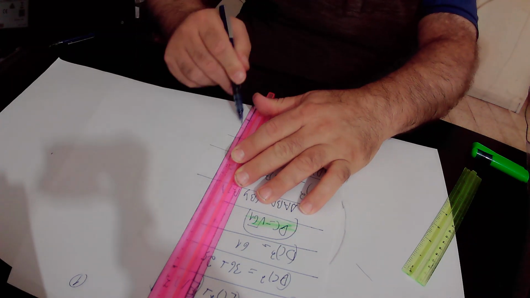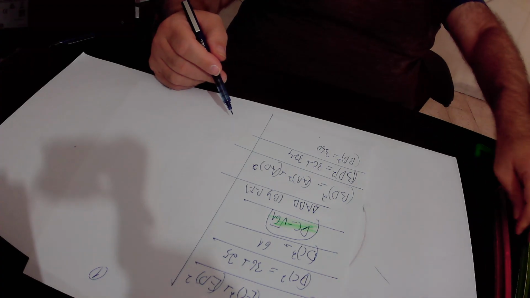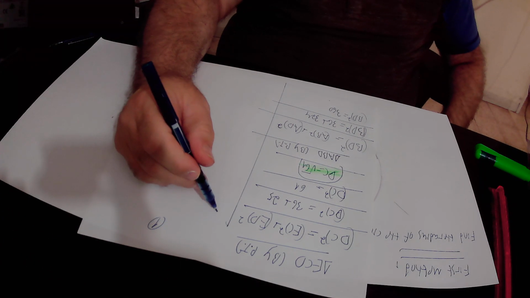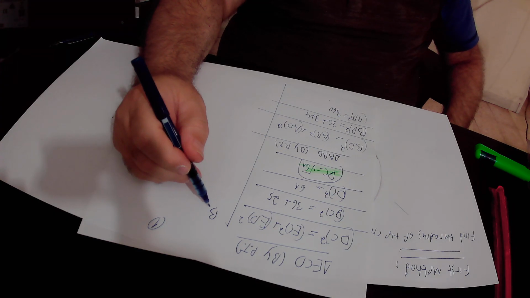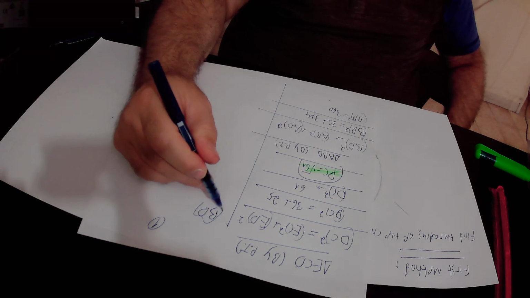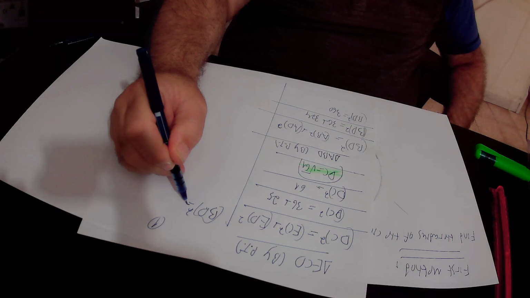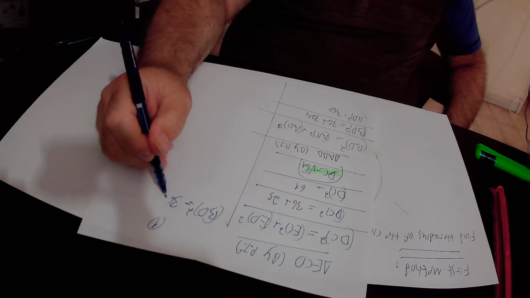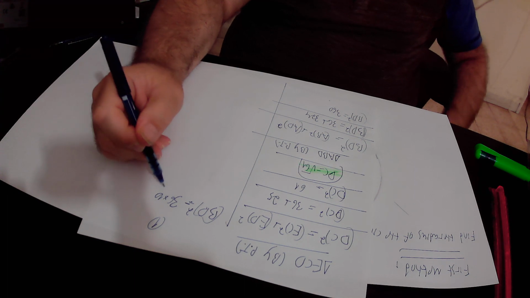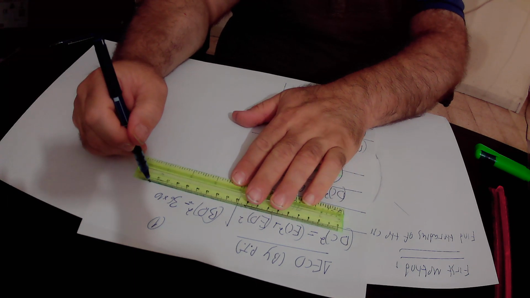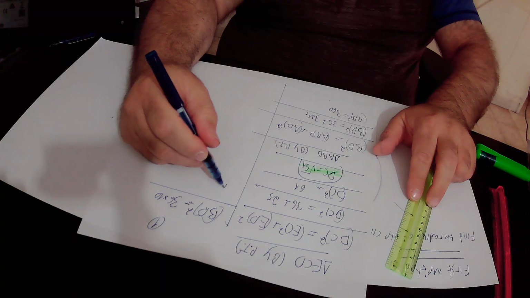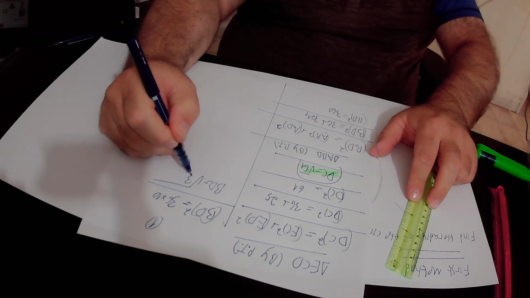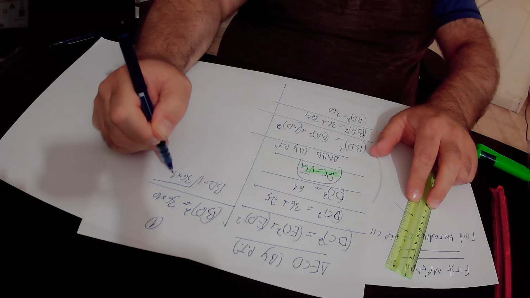And we get that BD squared, the square of the hypotenuse of the right triangle ABD, equals 36 times 10. Here we'll take a root of this equation and we get that BD equals the square root of 36 times 10.